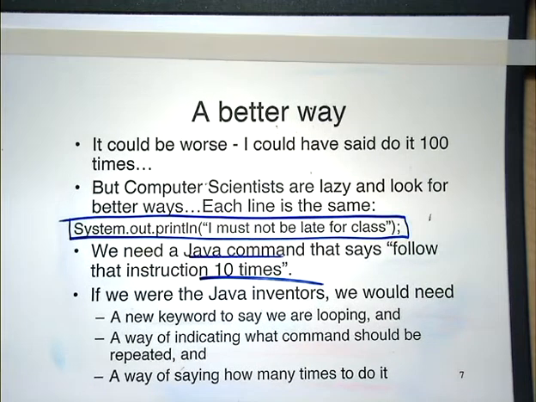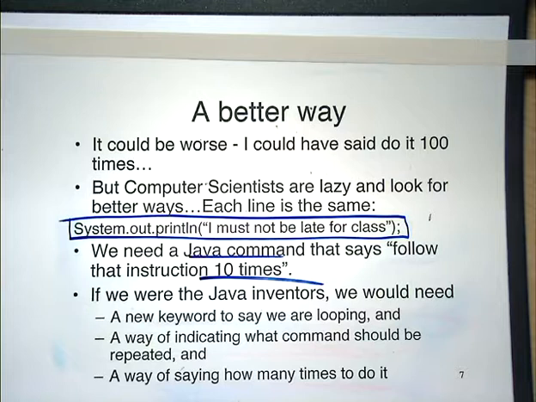So instead of writing it out over and over again, why don't we invent a command that says, do the following 10 times? Okay? So if we're going to add something to the language that allows that to happen, and this is essentially what the inventors of the early programming languages thought through, what do we need? Well, just like with the if statement, what we needed is a word that says this is the thing that's coming.